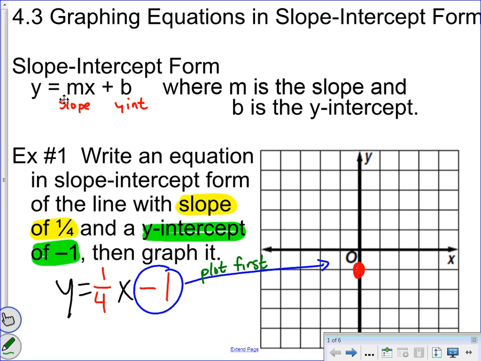So 1 means go up 1, and 4 means go right 4. So from our point, -1, we're going to go up 1 and then over 4. It's there. We'll put our second dot, and then we will draw a line through these 2 points.